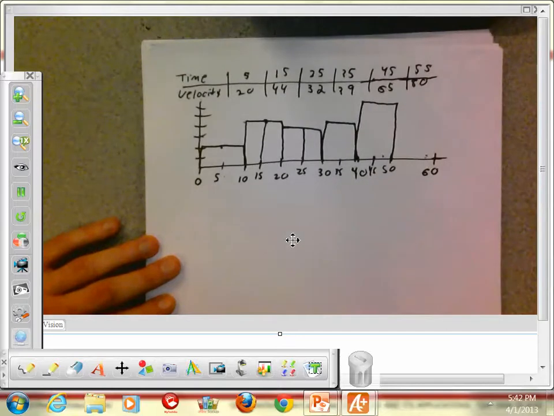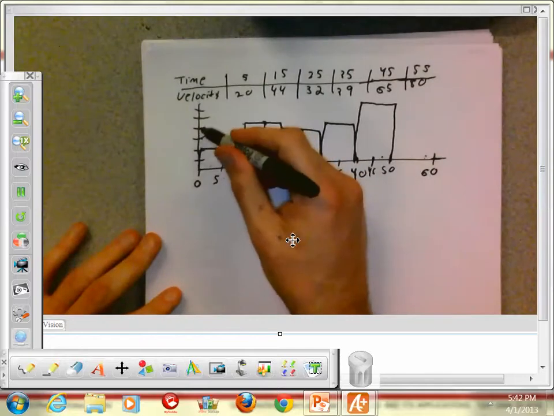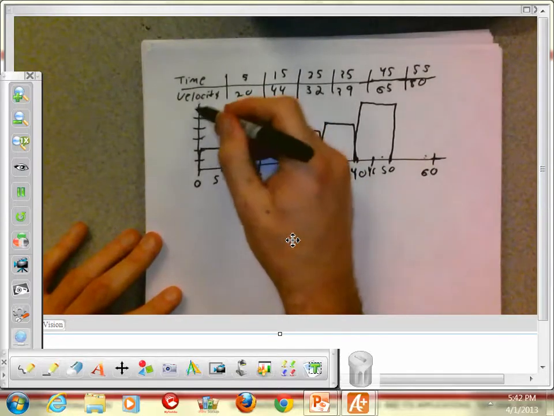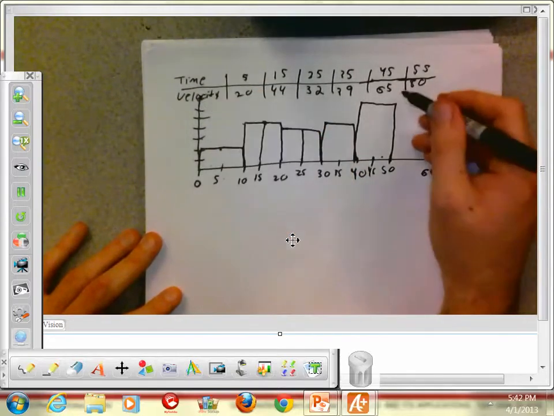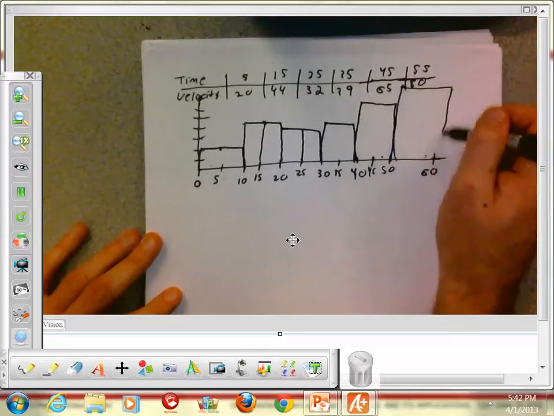And then my last midpoint is going to be the midpoint of 50 and 60, which is what? 55. And what's the value of my function at 55? 80. So did I make enough? Oh, no I didn't. Okay, so it's about right here.